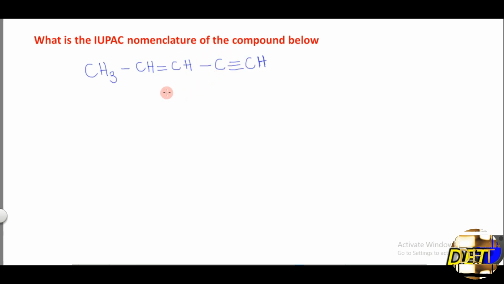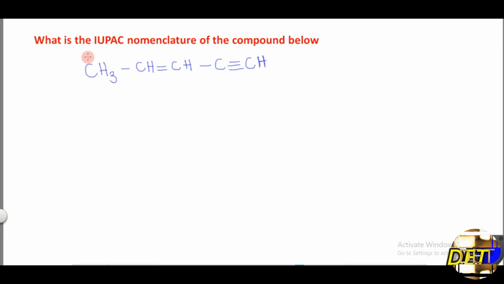So the first thing that you want to do is to identify the longest continuous carbon chain. So this is the longest continuous carbon chain, right? Then the next thing is to number the carbon atoms in this longest continuous carbon chain, starting from the side closest to the functional group, right?